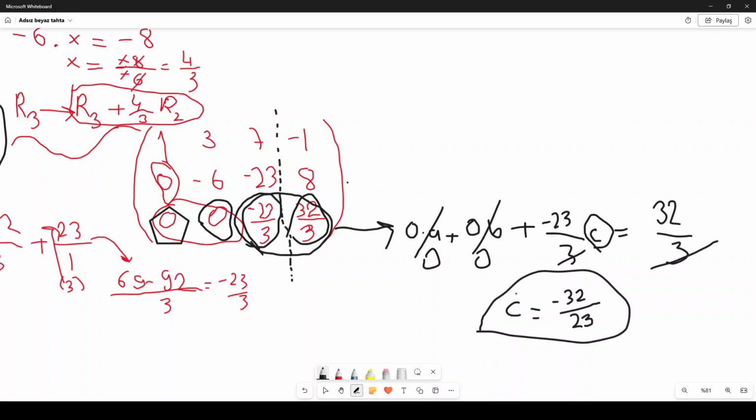Then we apply the back substitution method after having the row echelon matrix form, and we move one step above to find the other unknown variable B. What do you get here? 0a, 6b, in the same order, and minus 23c is equal to 8.